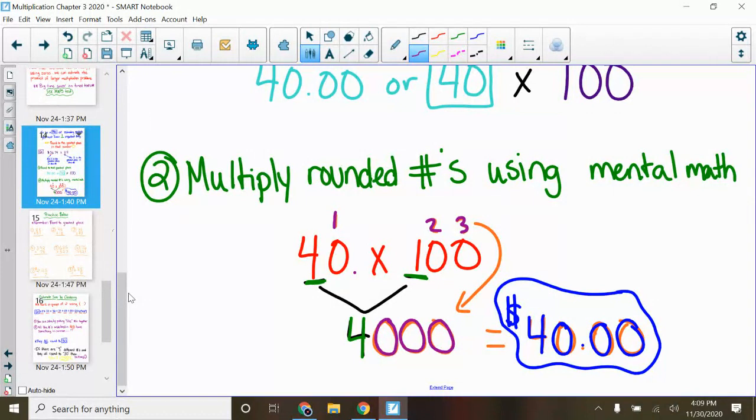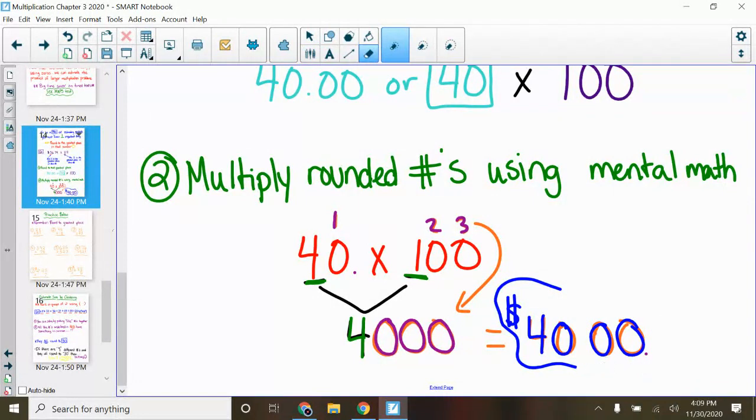Ignore the decimal point here. Miss Malone has a tiny little boo-boo. This decimal point is not supposed to be there, but instead it's supposed to be at the back over here, which would mean that our answer actually turns out to be not $40, but $4,000.